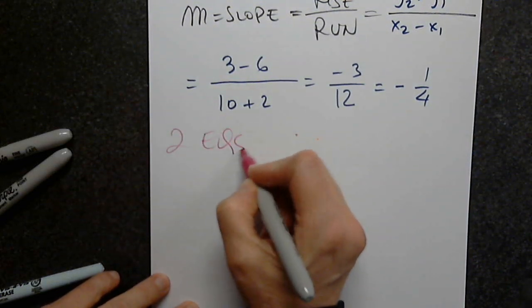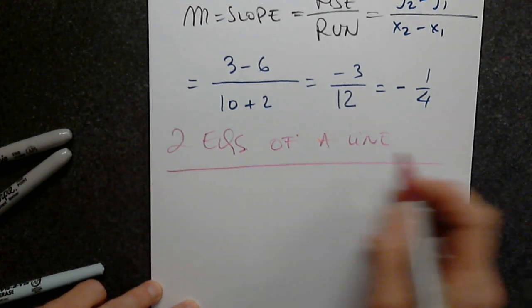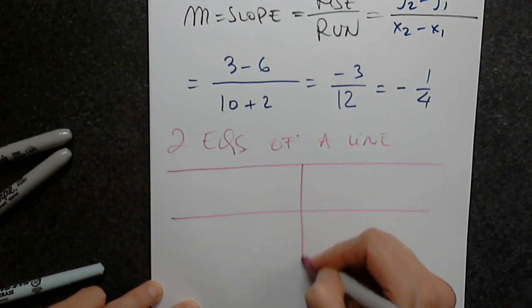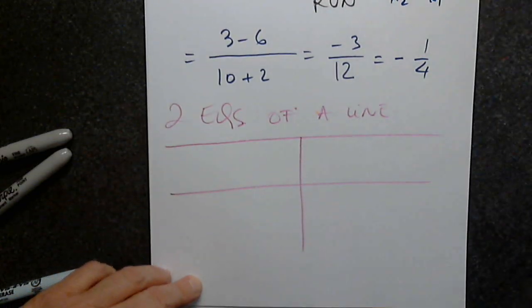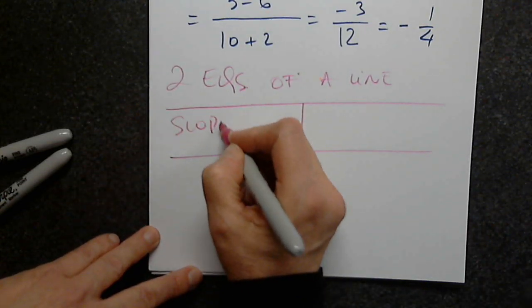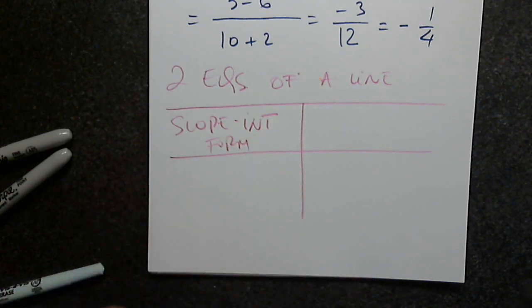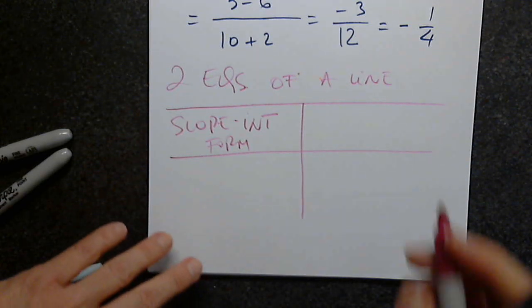We do have 2 equations of the line. One is slope-intercept form. The second one is point-slope form.